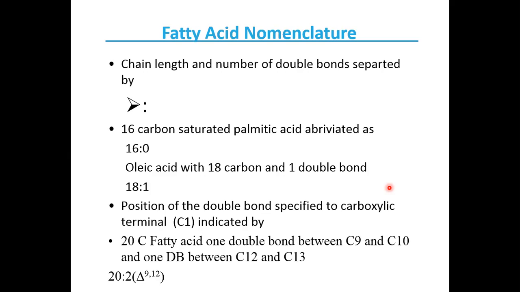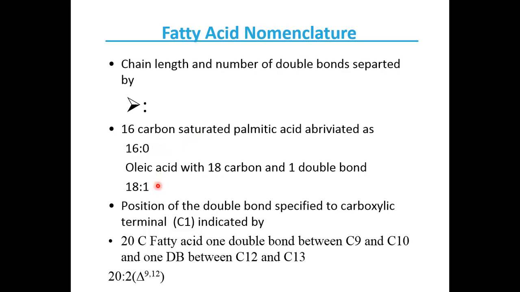Chain length and the number of double bonds are separated by a colon. 16 carbon saturated palmitic acid is abbreviated as 16:0 because it is saturated and contains no double bond. Oleic acid with 18 carbons and one double bond will be represented as 18:1.